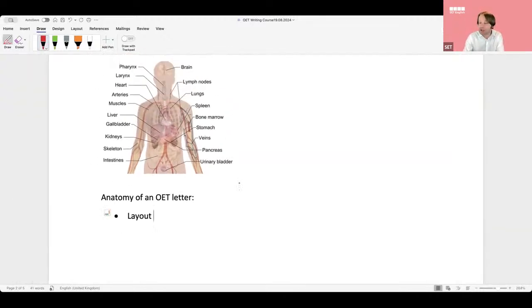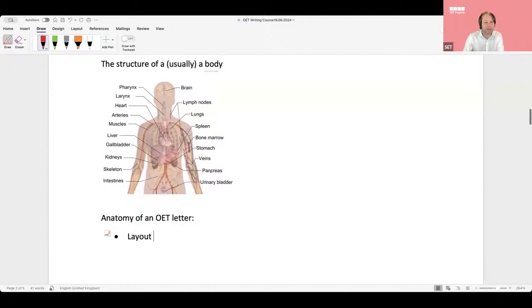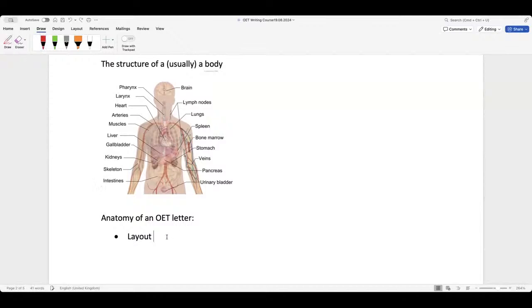What does layout actually mean? Elif, what does layout mean? You can see layout here. What is layout? Marwa, Talita, Ronica, what does layout mean? How the letter functions. The layout of a letter is the position of paragraphs.